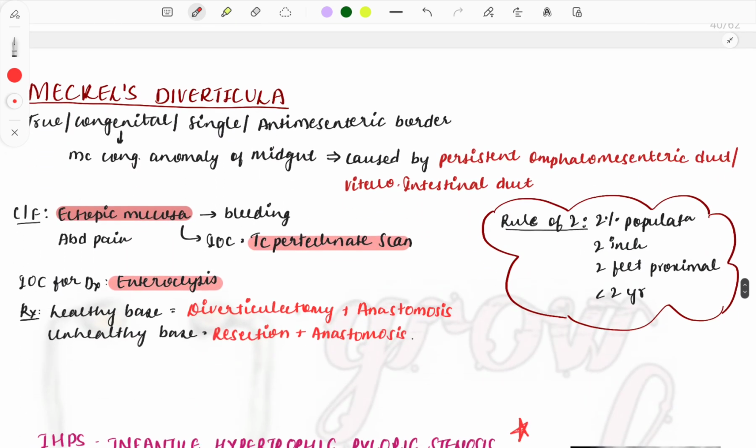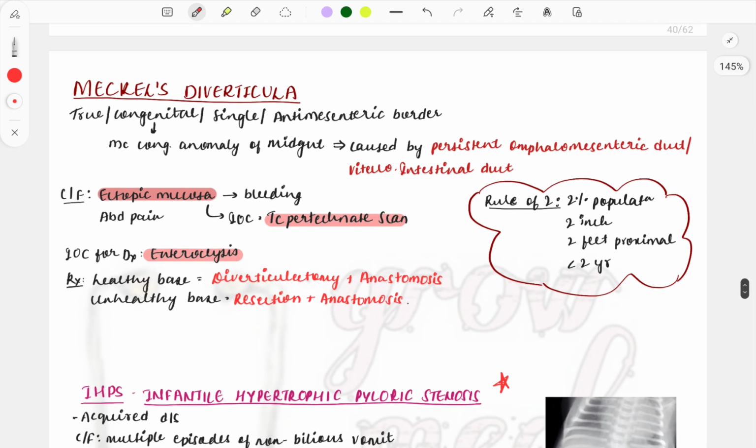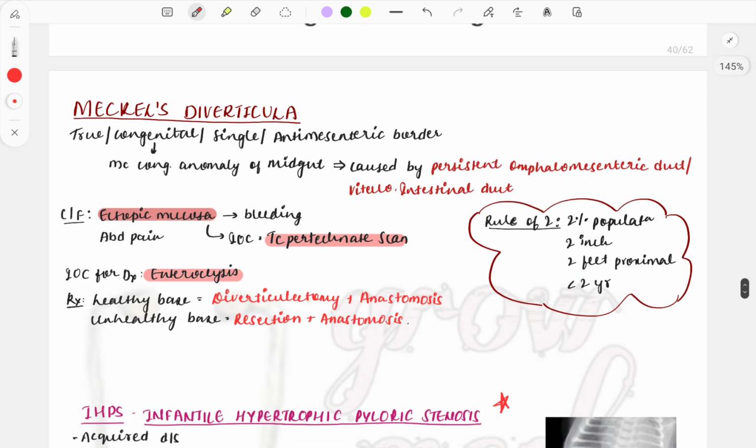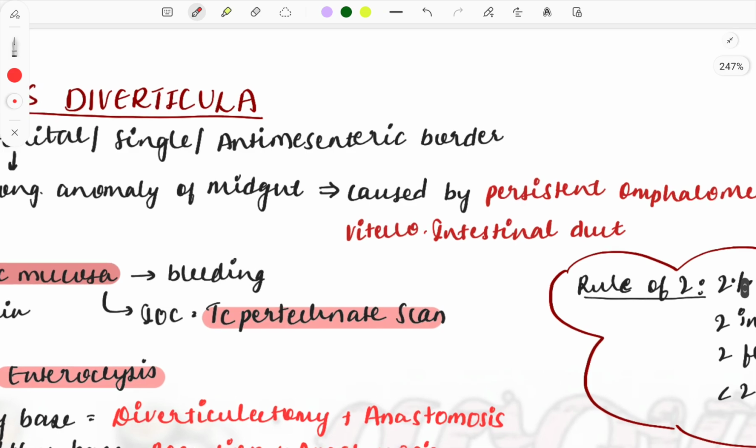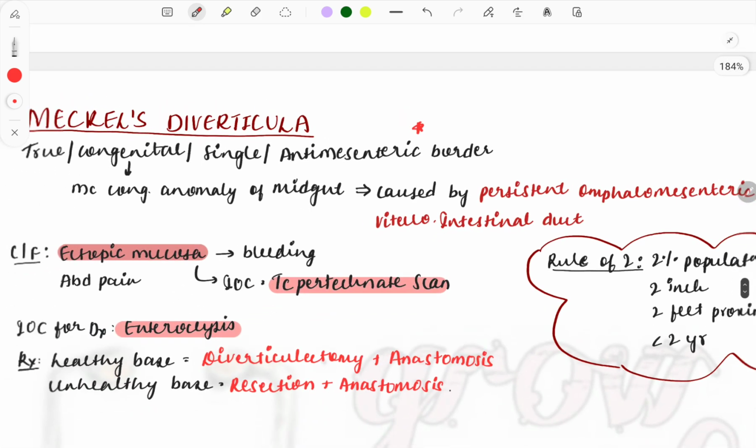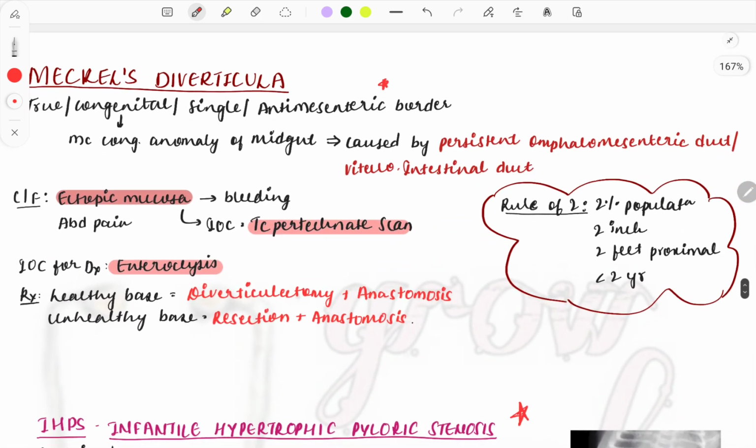Then Meckel's diverticulum, again a repeat topic, and so it is classified. These are the features of this Meckel's diverticulum: it is a true diverticulum, congenital, single, and present on the antimesenteric border. I think a question was asked on this describing the features of this diverticulum, and instead of antimesenteric, they had given the mesenteric border in the option, and you had to choose that one as the answer.